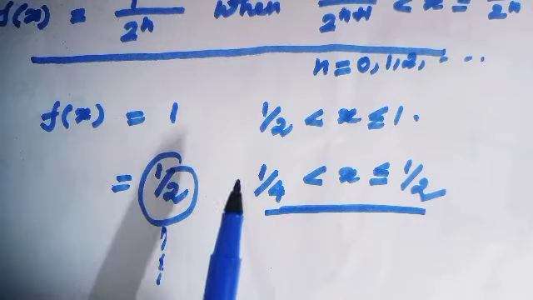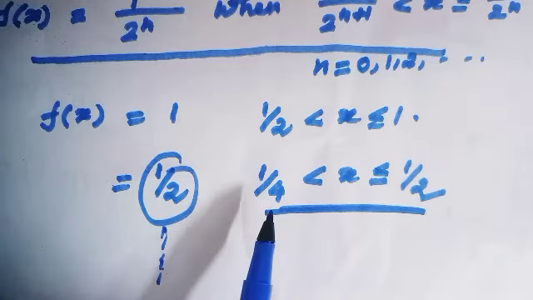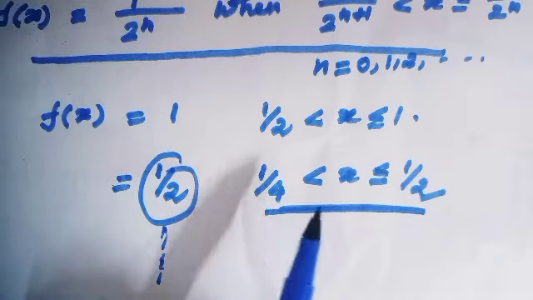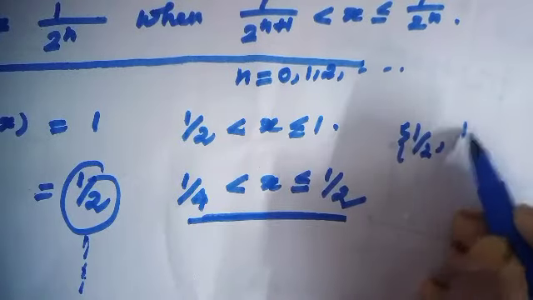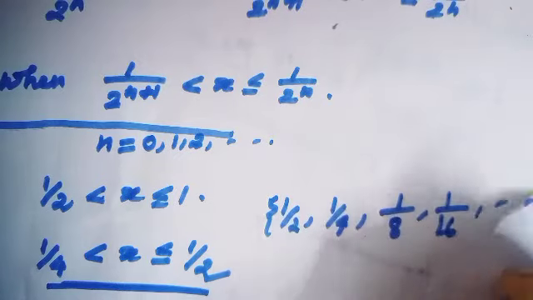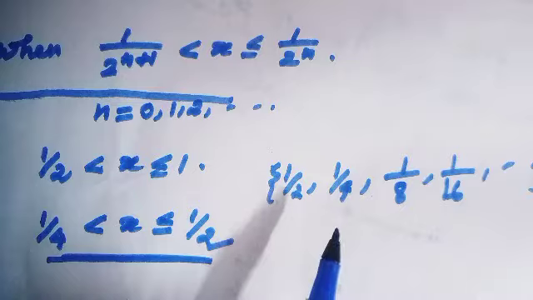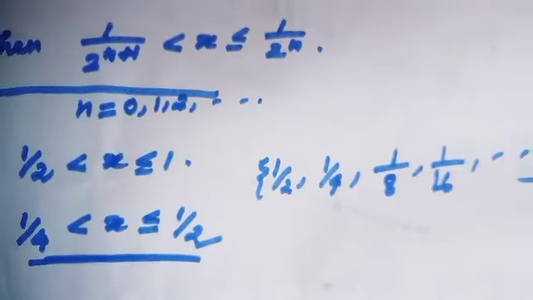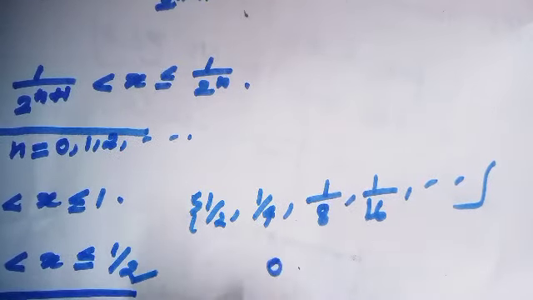That means you have understood this type of function has a discontinuity at 1/2, 1/4, 1/8, 1/16, and so on. So this function has an infinite number of discontinuities, and this set of discontinuities has limit 0.